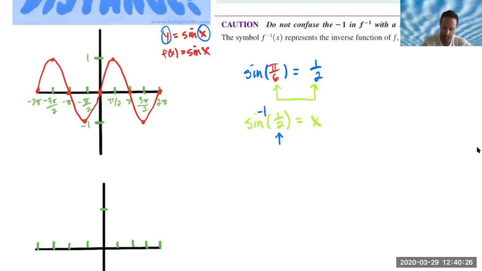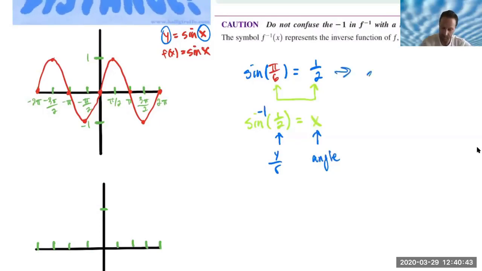This is still going to be my y over r, and this is going to be my angle in radians, of course. And so this is our shortened version of saying this.